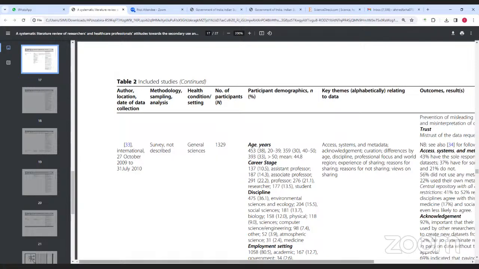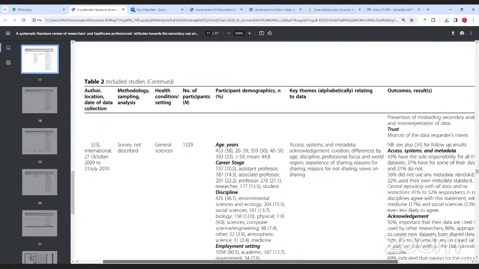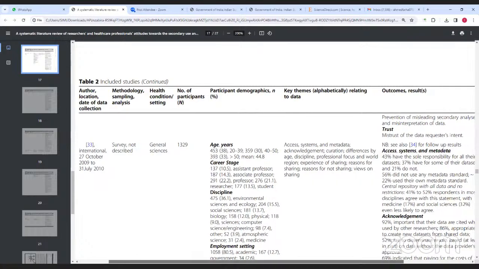Now here you can find the author, location, date of data collection, methodology, sampling analysis, health condition, setting, number of participants. This is vital. Participant demographics, because you have collected the full text.